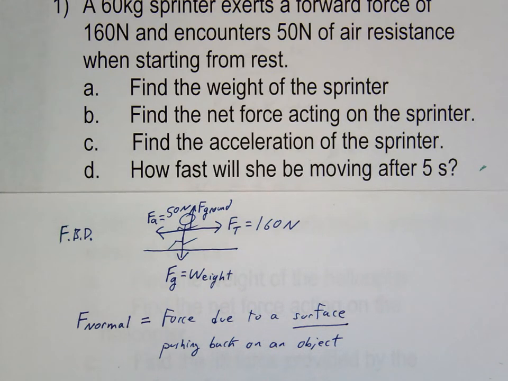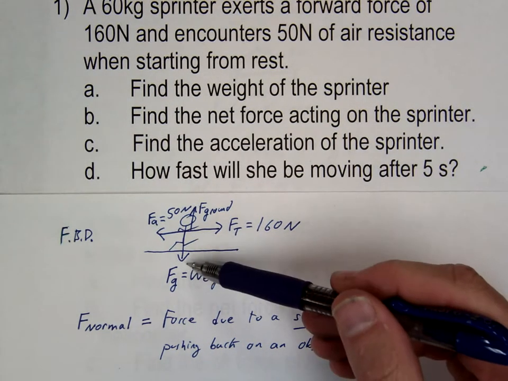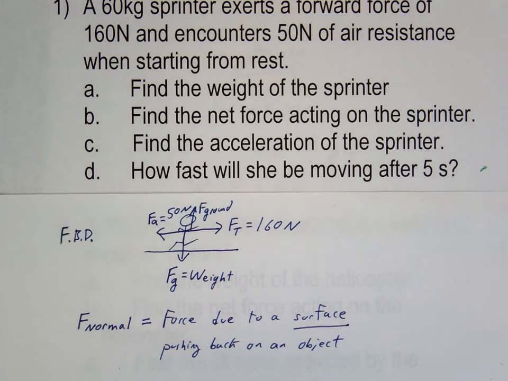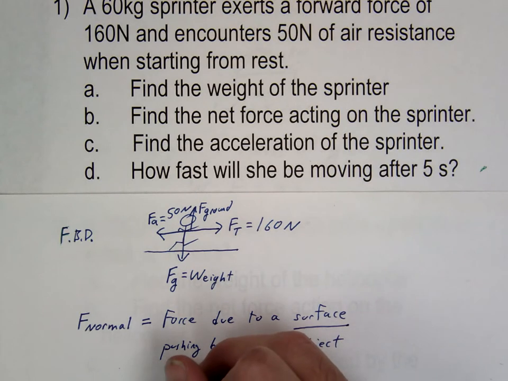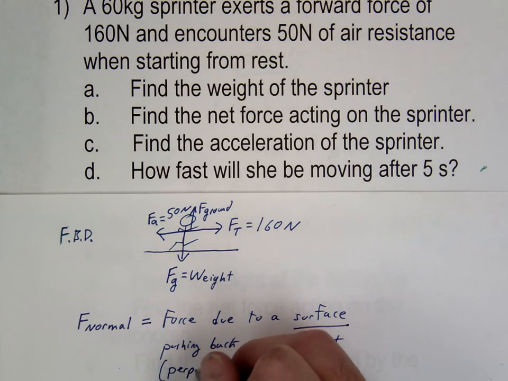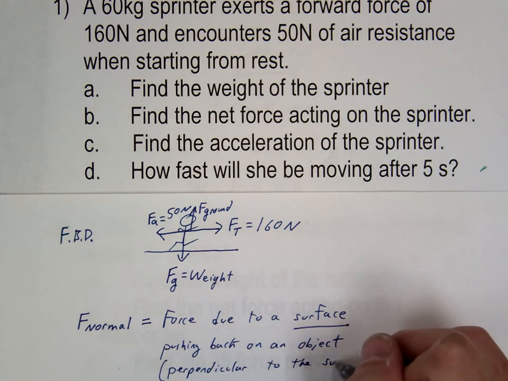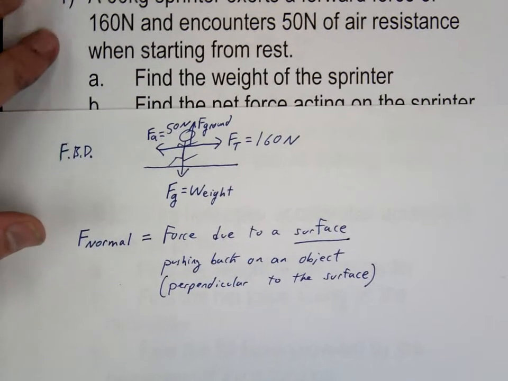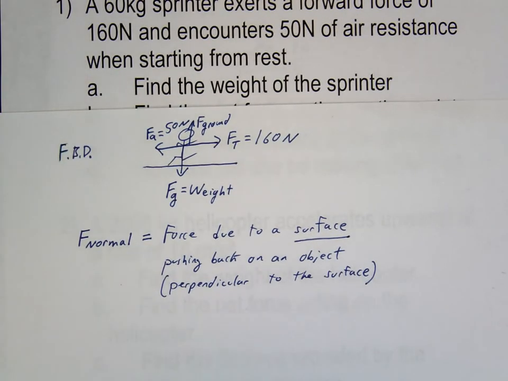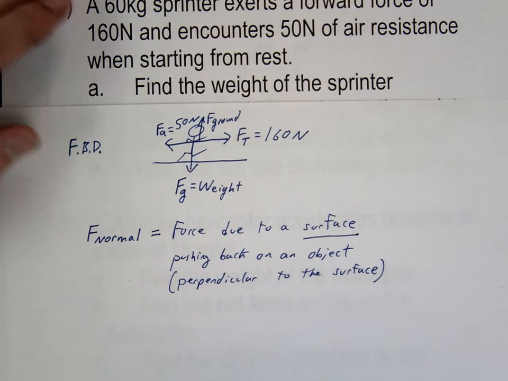There has to be another force before the surface can push back on something. In this case, gravity's pushing down and the ground's going to push back up. And the word normal means it's always perpendicular to the surface. The normal force will always be perpendicular to the surface. Okay, so that's just a sidebar. We're going to get more into the normal force tomorrow, but just a little preview.